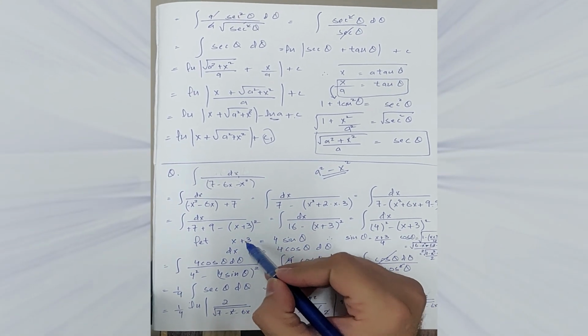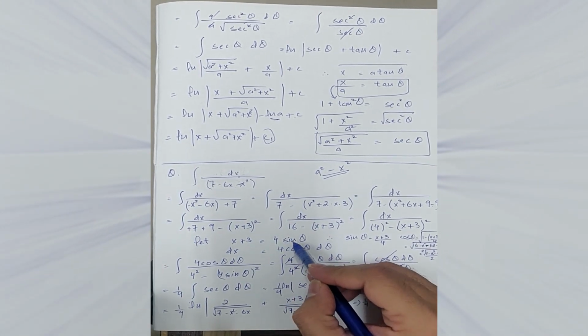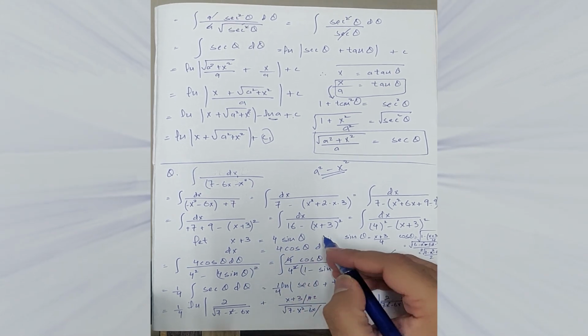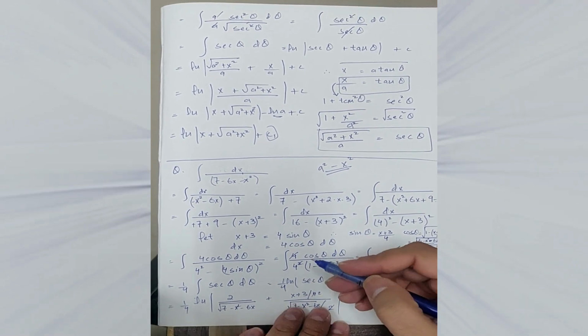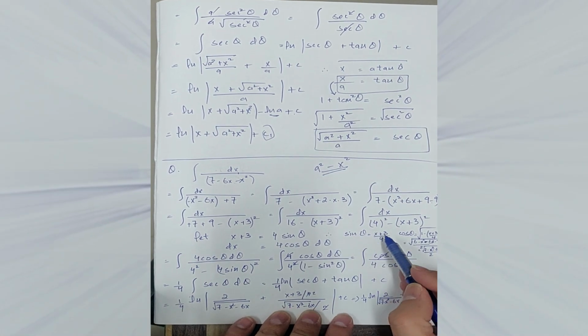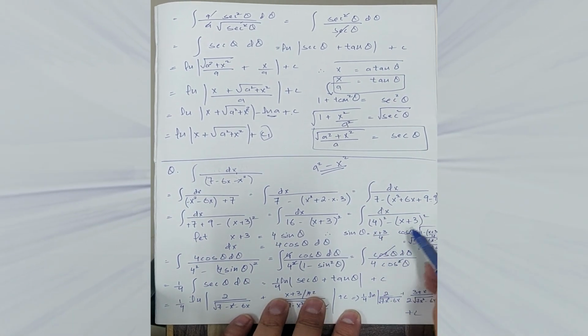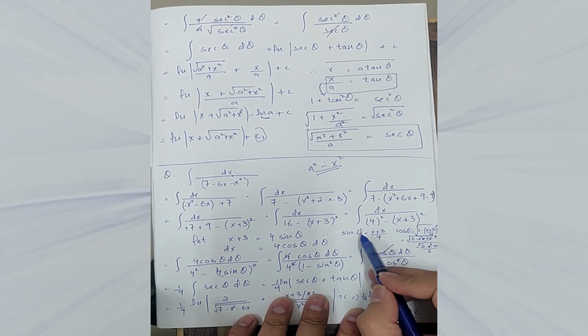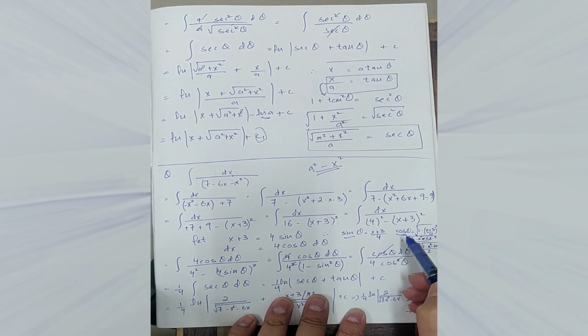Now we will let x plus 3 equal to 4 sine theta, and dx will become 4 cos theta d theta. So we can also write sine theta as x plus 3 by 4 and cos theta as under the root 1 minus x plus 3 by 4 whole square. These values will be used later.